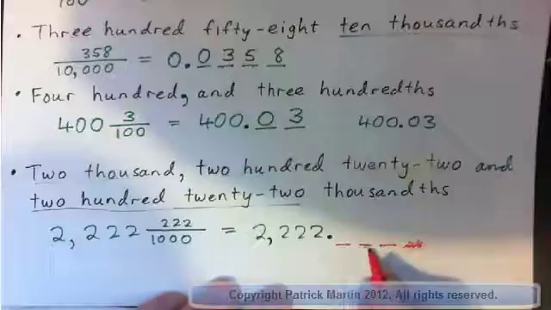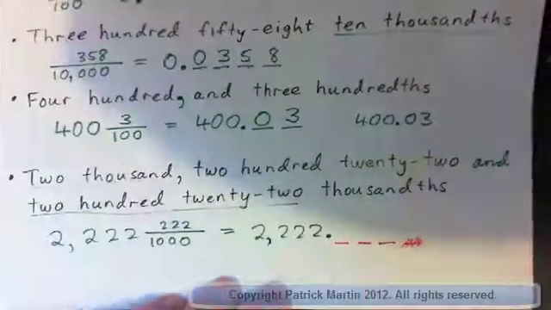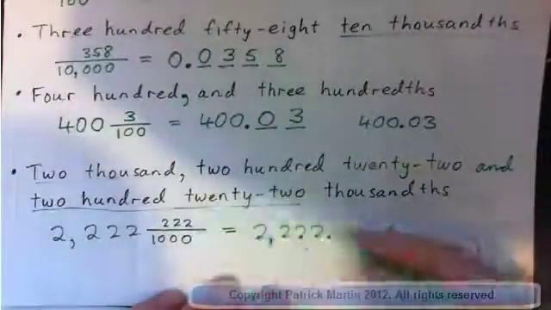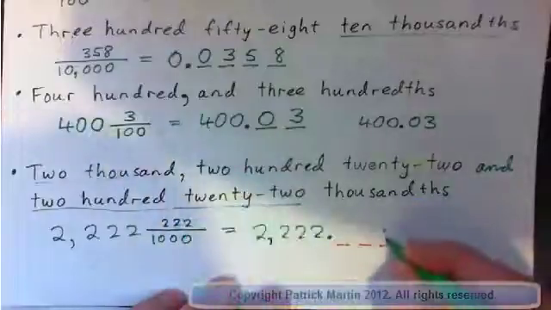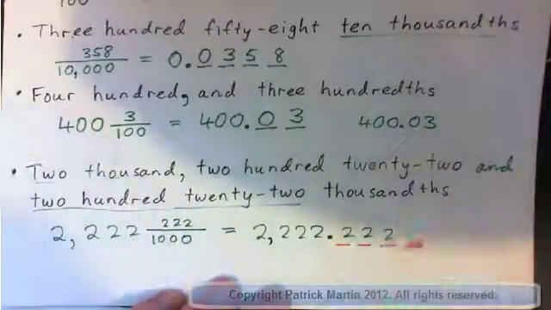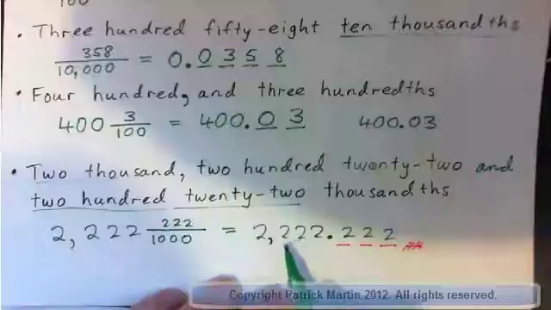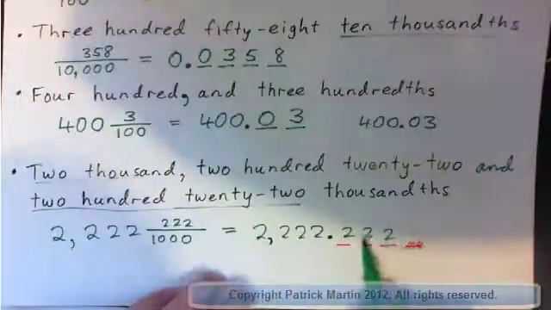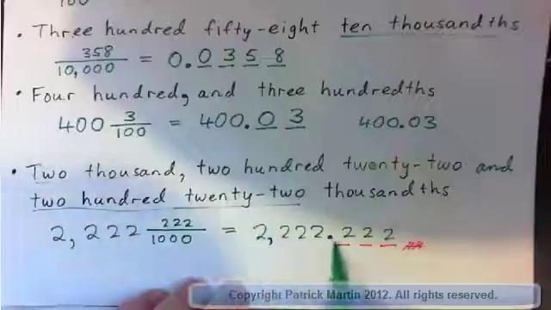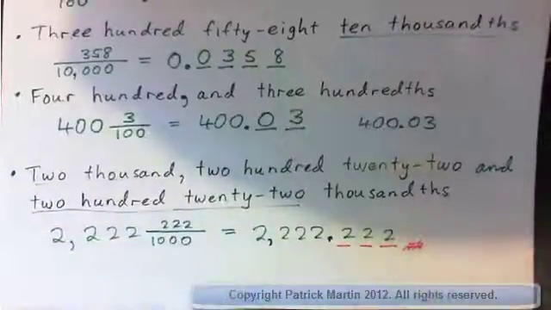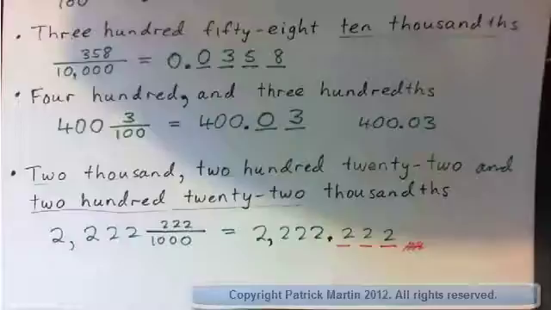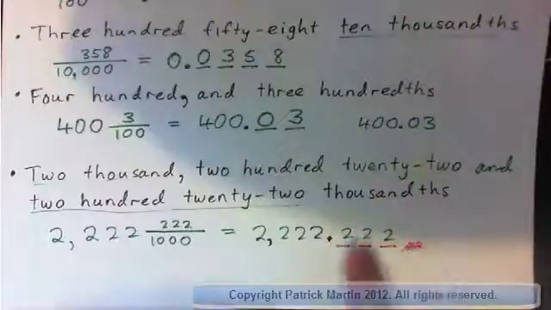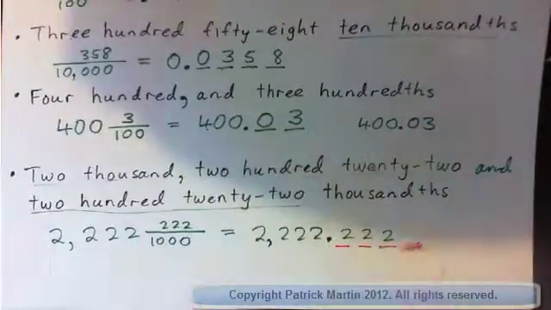We just need tenths, hundredths, thousandths, right? So how many of them? 1, 2, 3. 222, right? So 2,222 and 222 thousandths, or 2,222.222 is usually the way we say it, but we need to understand what each digit means, of course, in decimals, right?